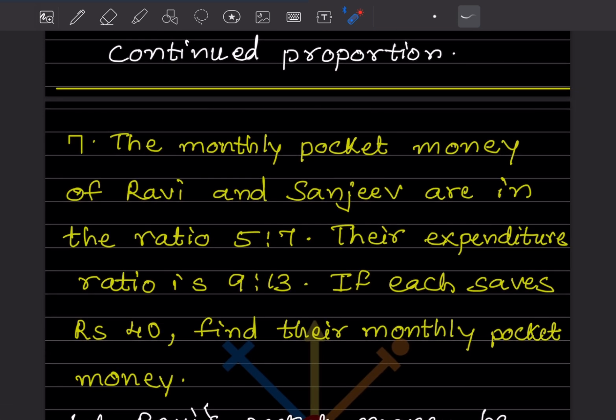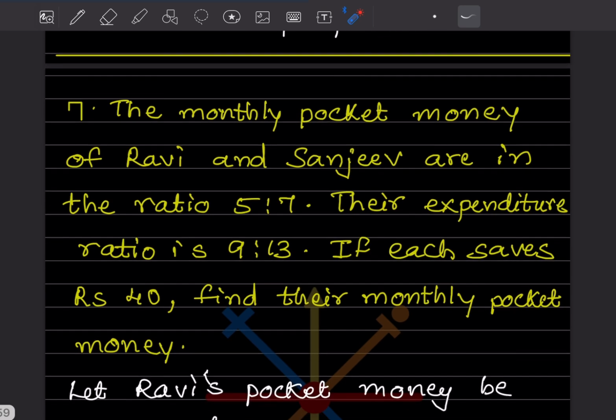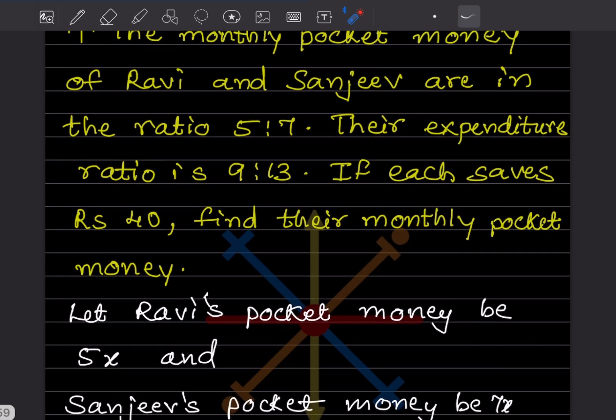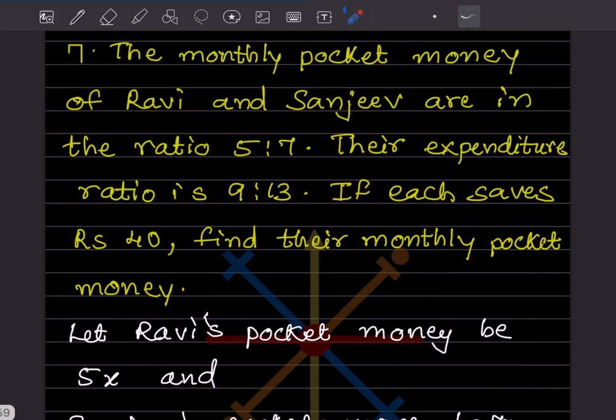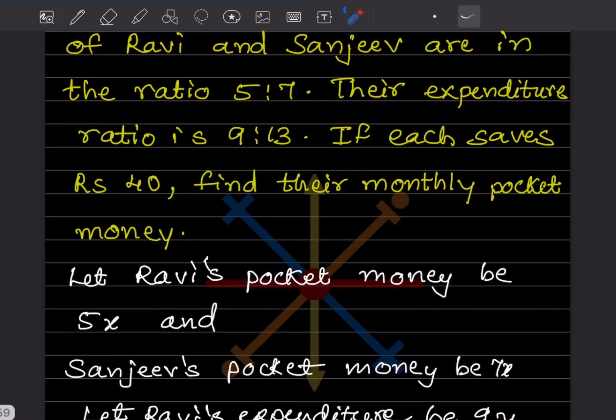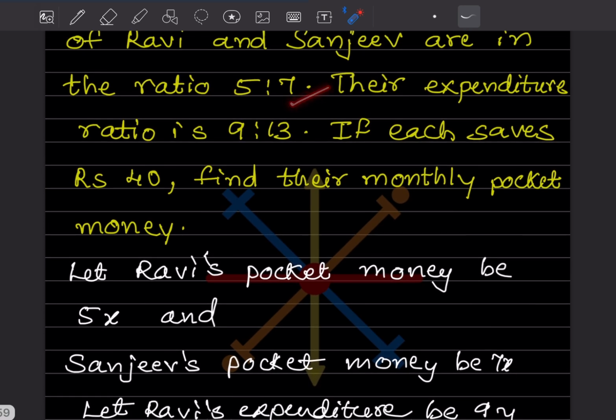Now here the monthly pocket money of Ravi and Sanjeev are in the ratio 5:7 and the expenditure ratio is 9:13. So if each saves rupees 40, we have to find the monthly pocket money. So we can consider first that Ravi's pocket money is, the ratio is given as 5:7, means we can consider this for Ravi, this for Sanjeev, that is 5x, and Sanjeev's pocket money is 7x.